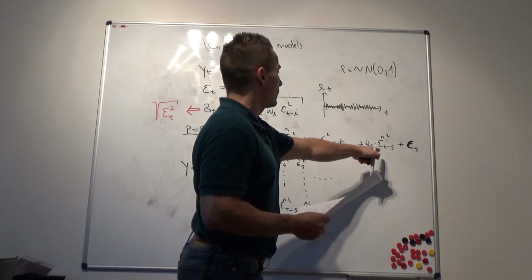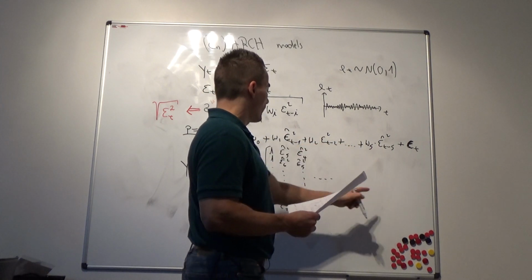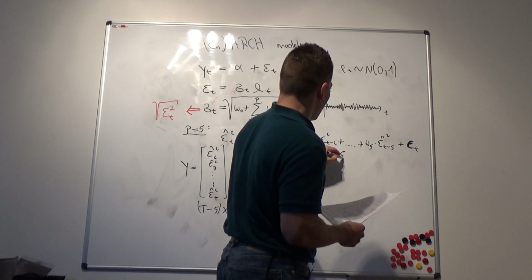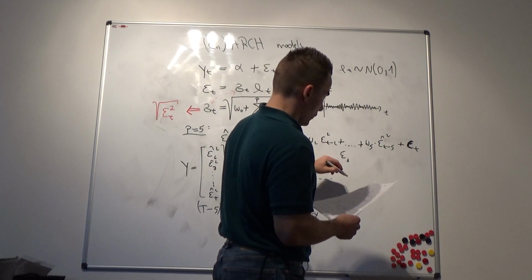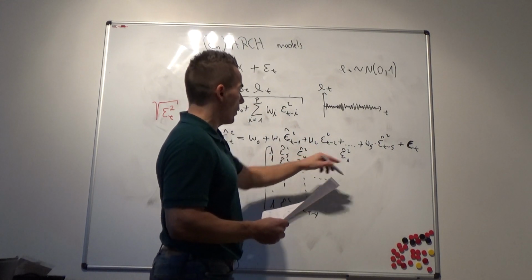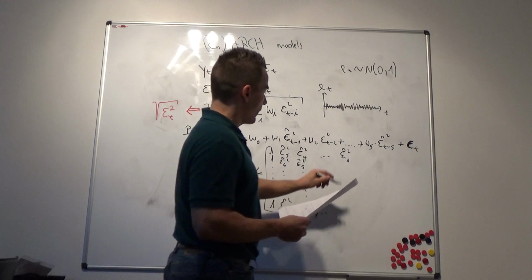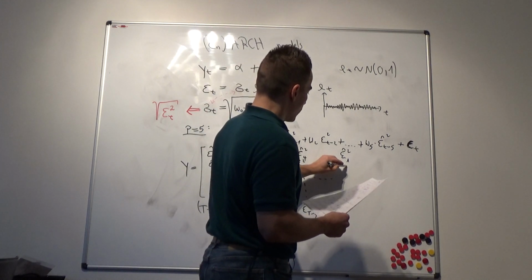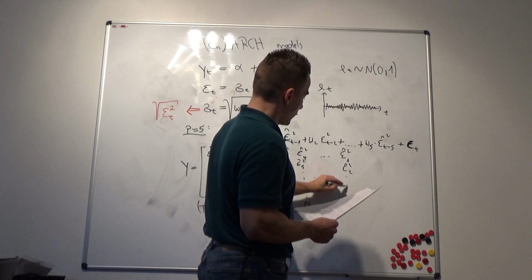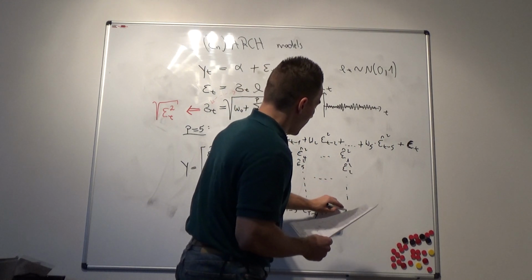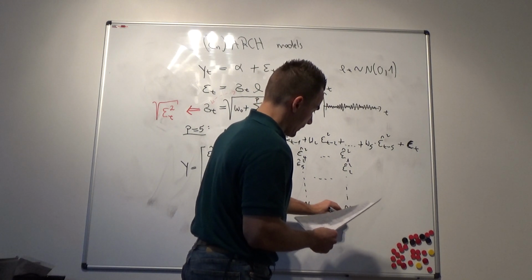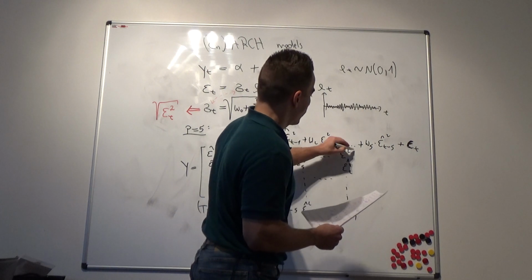The last one here, which corresponds to the last regressor in our X matrix, would be epsilon at time t is 1 hat squared, then 5, 4, 3, 2, 1. The second element would be epsilon hat squared at time t is 2. And the last element here would be epsilon hat squared at time capital T minus 1.